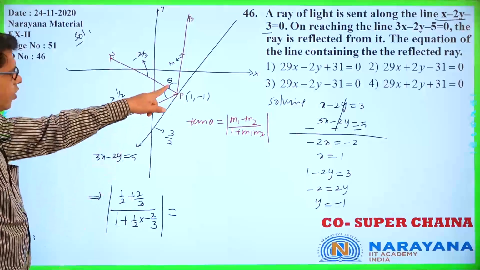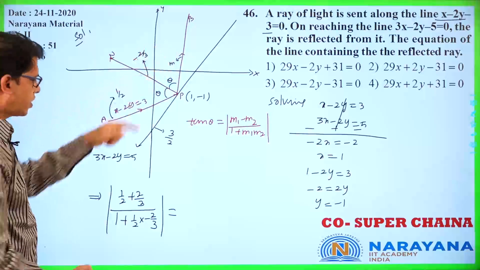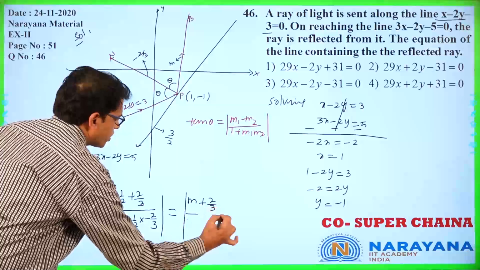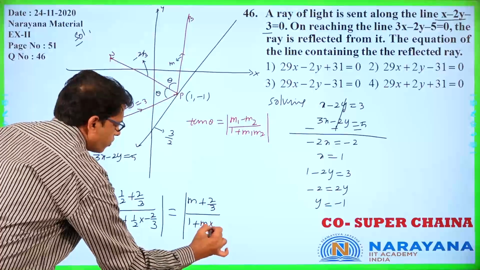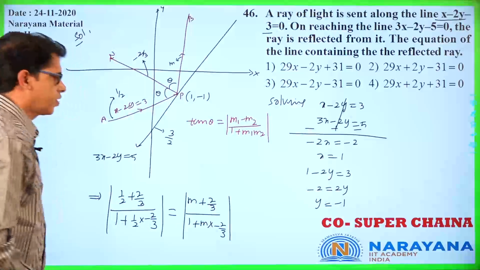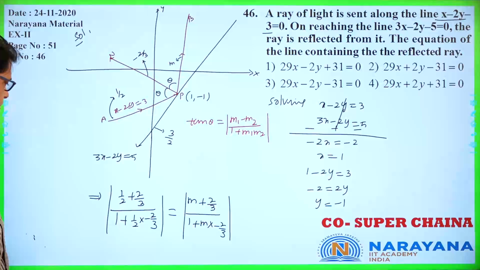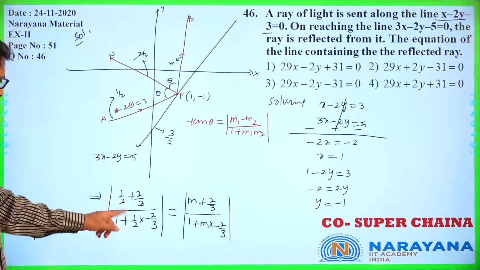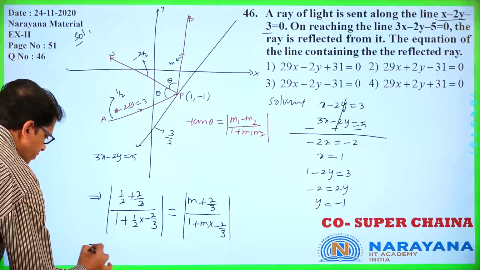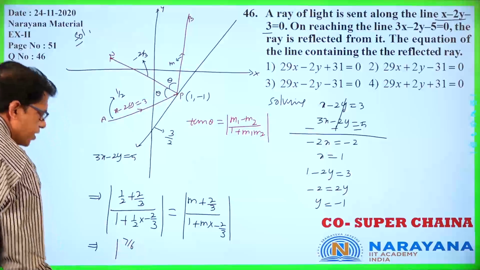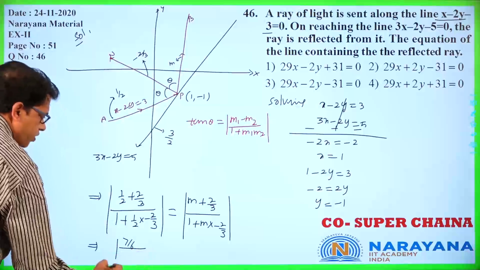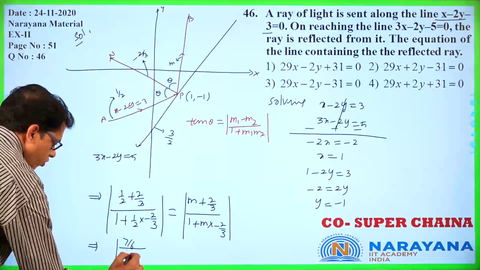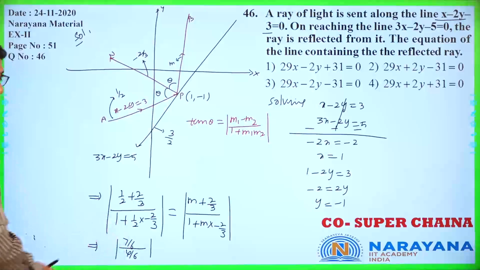Then apply here tan theta, m1 minus m2: m minus (minus half), plus 2 by 3, upon 1 plus m into minus 2 by 3. If you simplify this, what do we get? 3 plus 4, 7 by 6, upon 6 minus 2, 4 by 6. 6 cancels out.